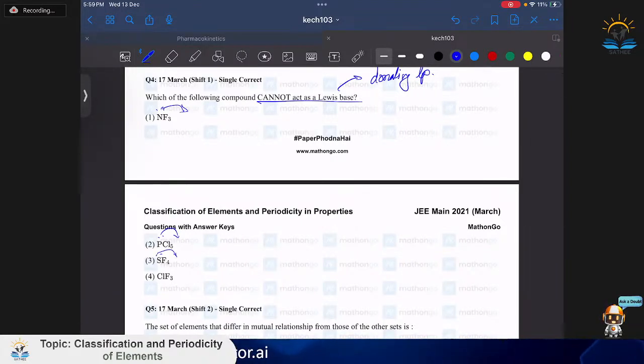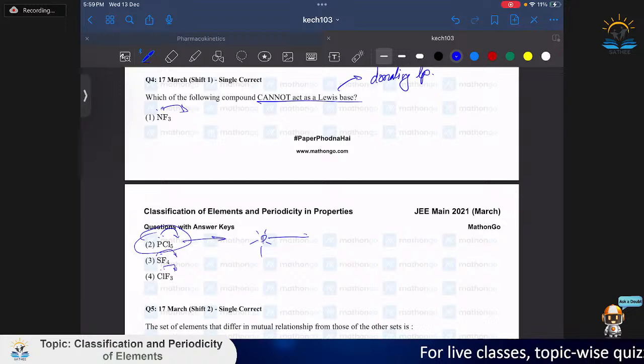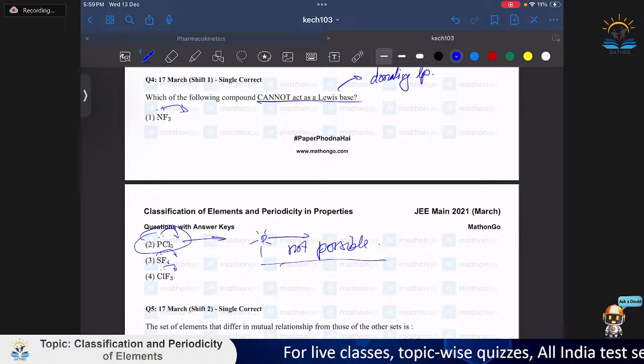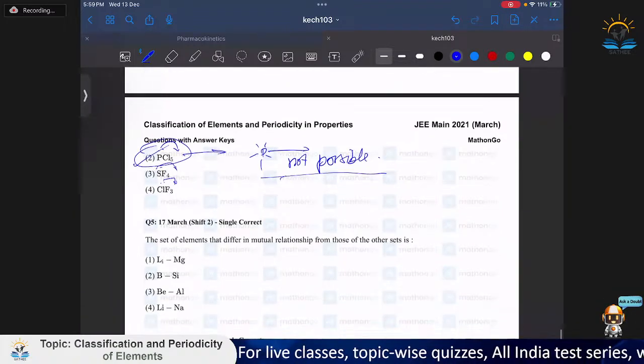SF4 can donate, ClF3 can. See, if PCl5 donates a lone pair, it'll get crazy. Already it has 5 bonds, and it will have to make one more bond, which is not possible. It cannot accommodate 10 electrons. So it won't be donating electrons.